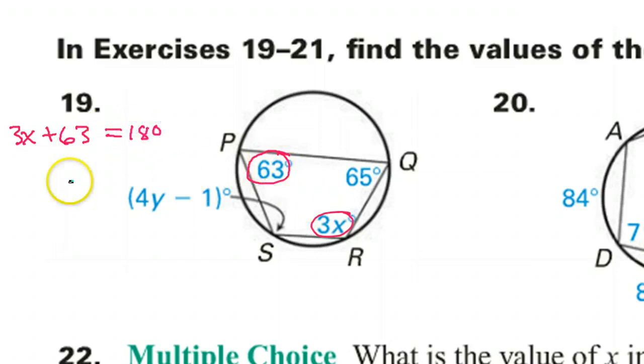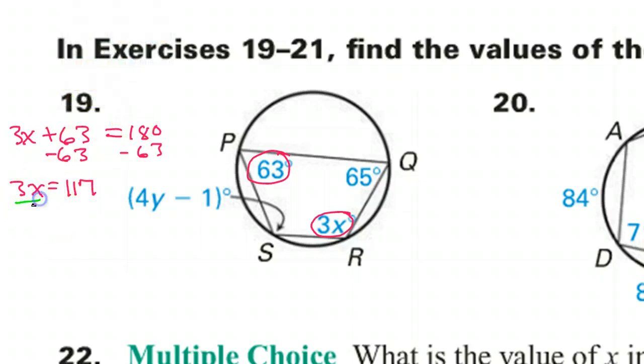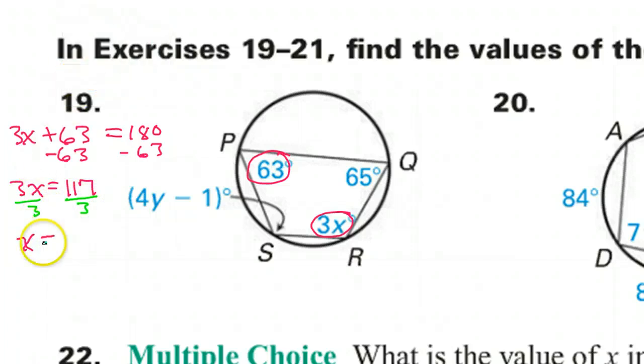They are supplementary. So we simply subtract 63 from both sides, and I get 3x equals 117. Then I need to divide both sides by 3, and I get x equals 39.